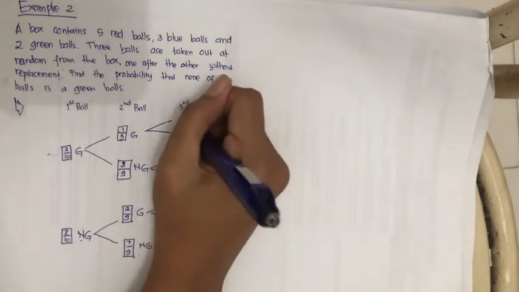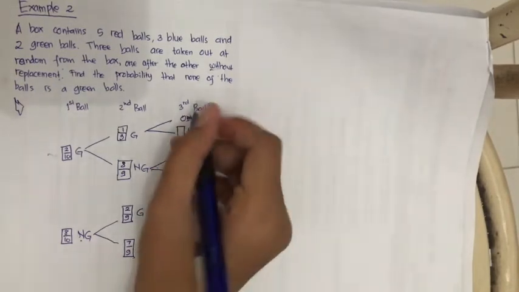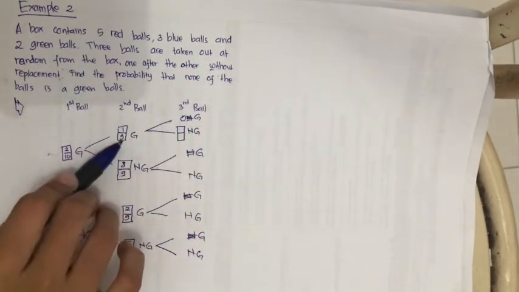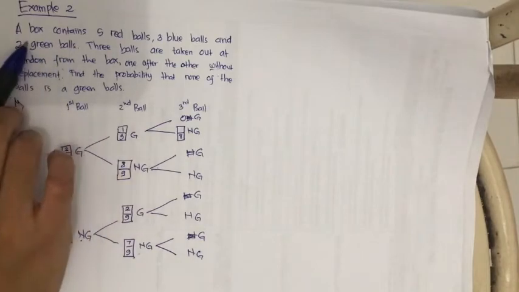Because for the first experiment we already got green, and the second also green, and we just have 2 green balls, for the third experiment it is impossible to get green again. So it is 0. And then for non-green, the sample space becomes what? We already took 2 balls, so it becomes 8. And non-green, we have 8 here.